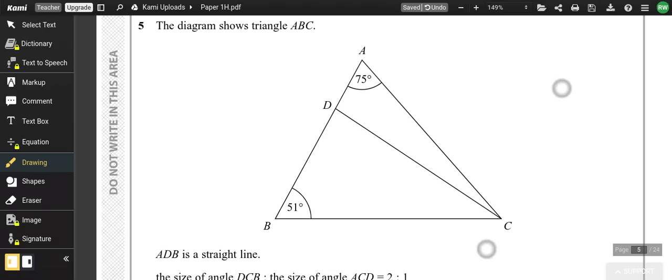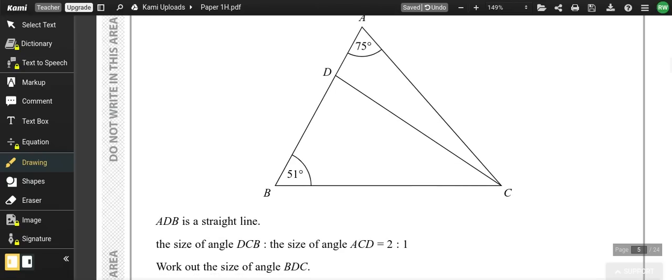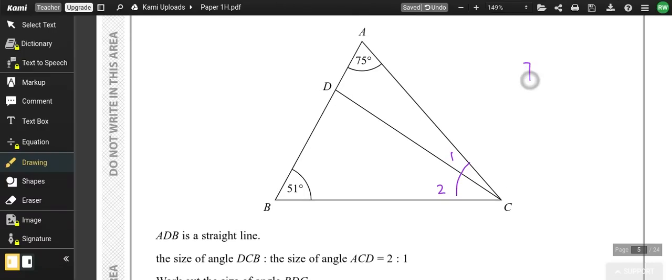Diagram shows triangle ABC. The size of the angle ACD is 2 to 1. So that angle there is in a ratio of 2 to 1. Yeah, so we can work out what that angle is. It's 75 plus 51 is 126.